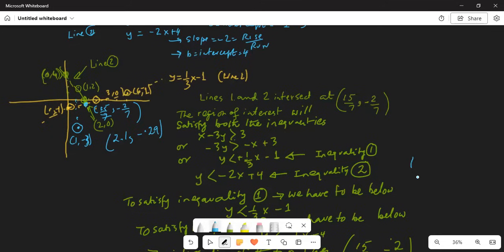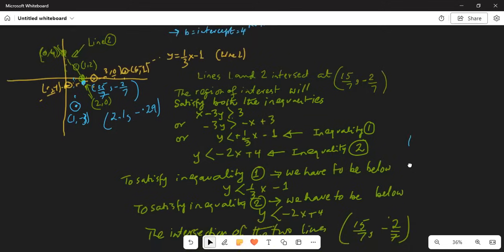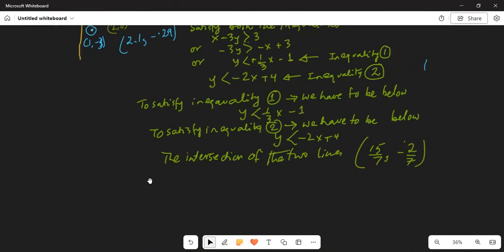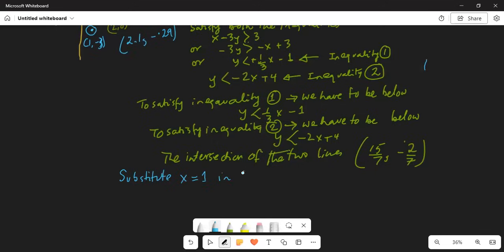Now I will plug it into the equations. Substitute x equal to 1 in both inequalities, because that is the x coordinate of the point I've selected, which is below both the lines.